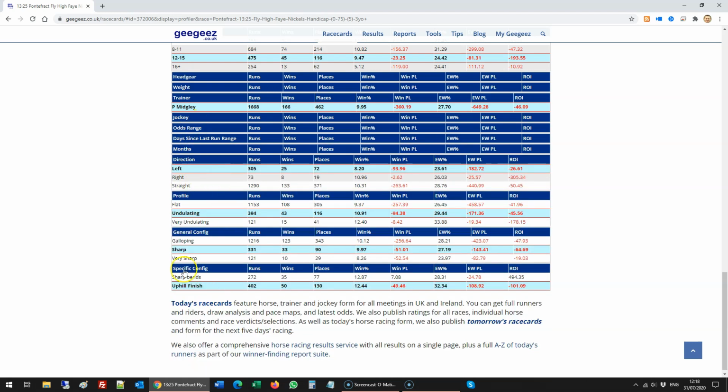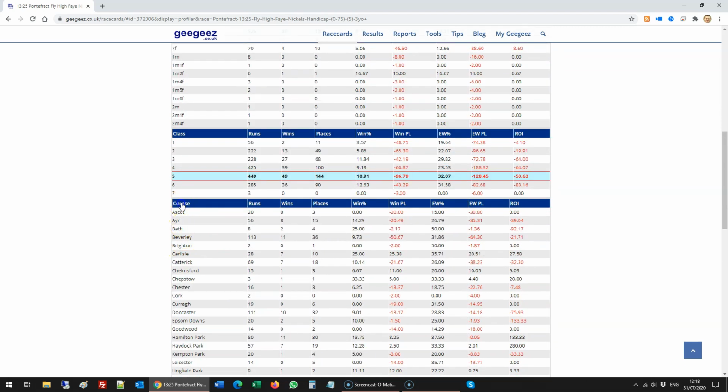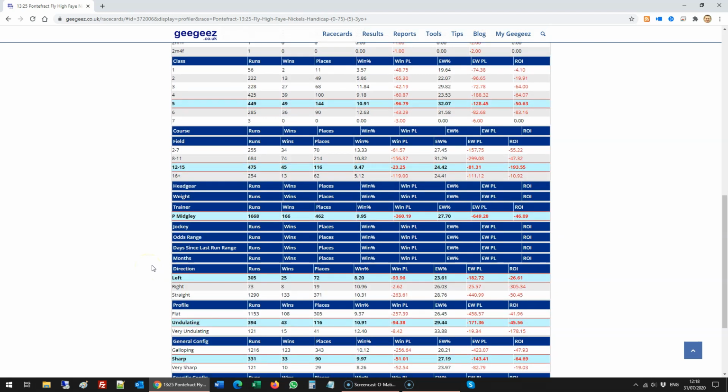I'm quite interested in the course configuration elements, because not necessarily in this case, but quite often we can find a relationship between a trainer's training method, or perhaps the facilities they have available to train on, and the race courses where they perform well.